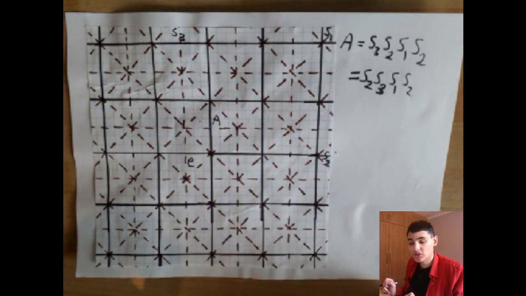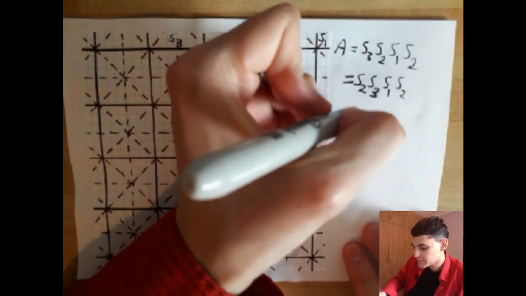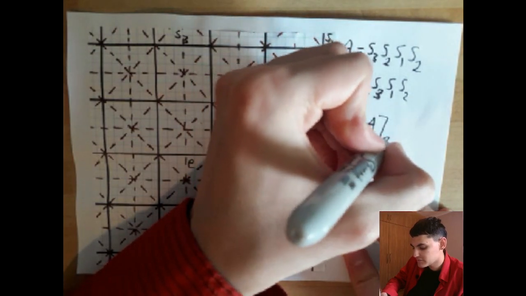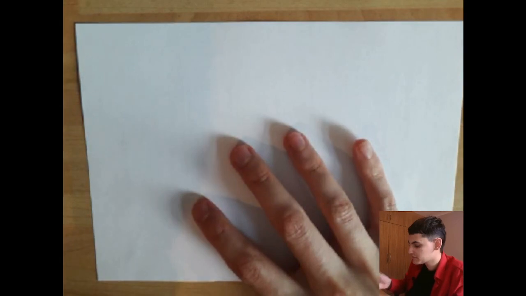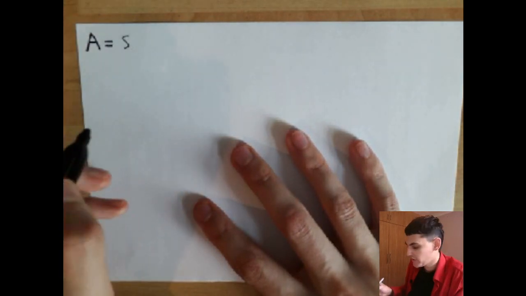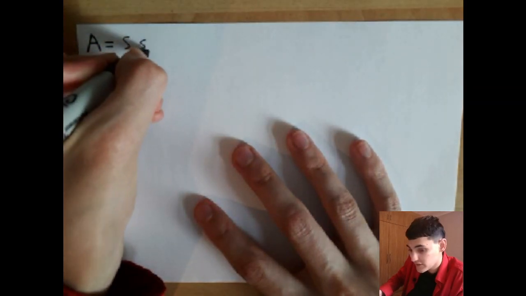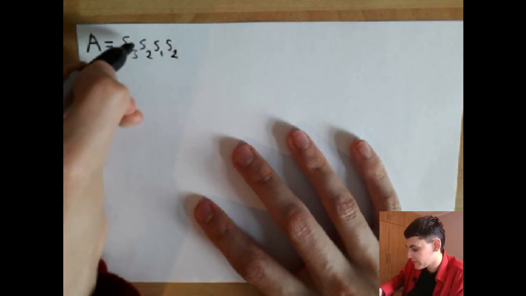Let's have a look at the Bruhat order on the interval EA. We'll put that to one side and I'll grab a fresh piece of paper. Combinatorially, we have A equals S3, S2, S1, S2.